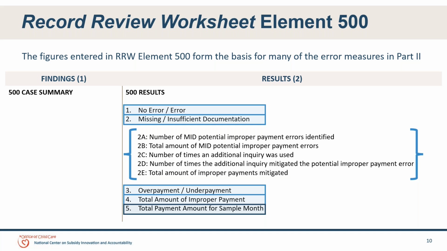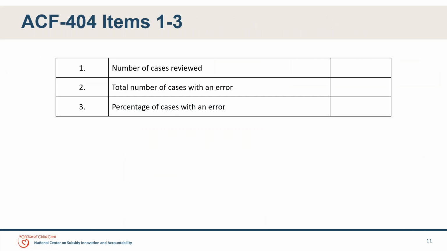So you will be reviewing and tallying up a lot of the figures that are recorded here. So when I'm walking through all of the 404 items in the next few slides, I will be referencing these items in element 500 quite a bit. So just wanted to give that context.